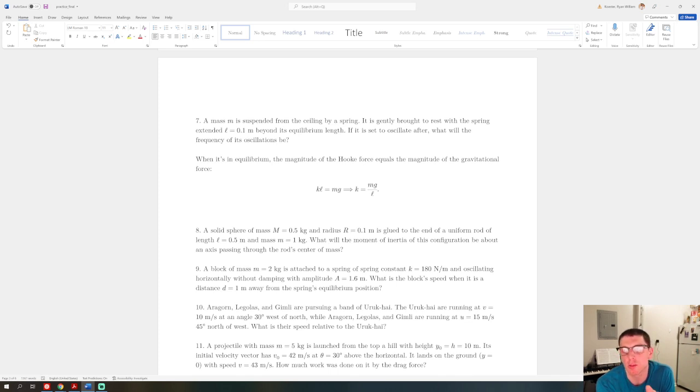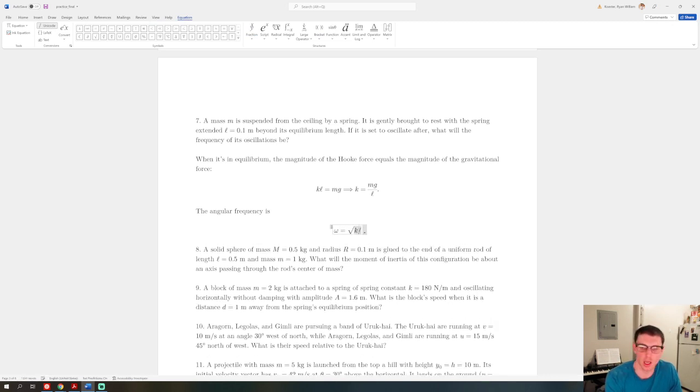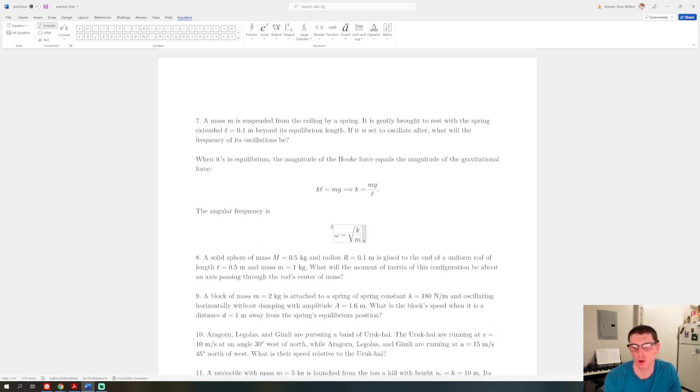Well, I guess I misspoke, but the angular frequency doesn't change. The only thing that changes is the shifting of the equilibrium position. It just is lowered a little bit. So we say the angular frequency is, as usual, omega equals the square root of k over m, and we just plug k in.